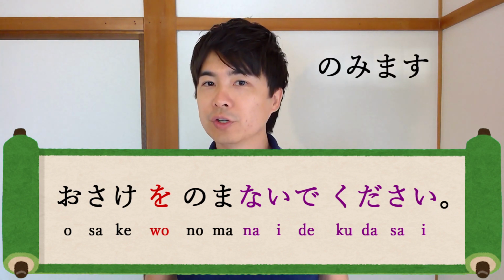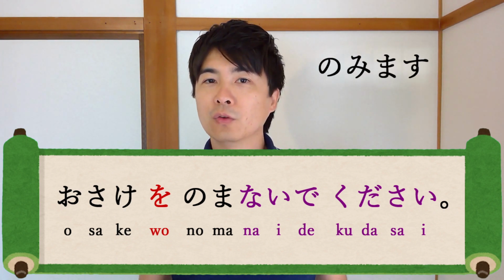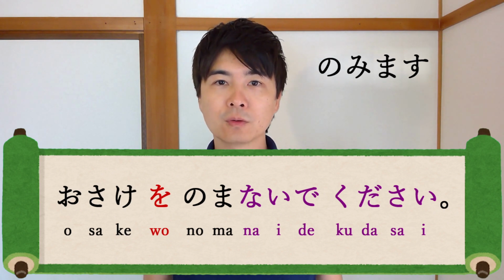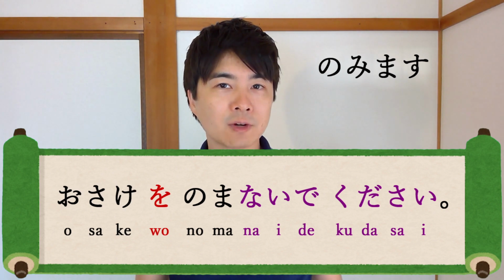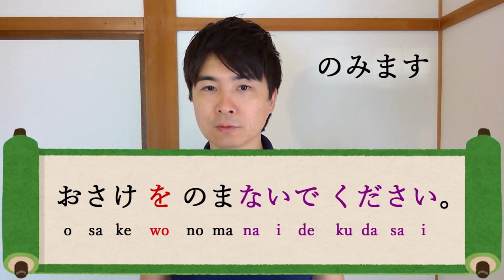お酒を飲みます means to drink alcohol. 飲みます is a Godan verb. So in order to make the verb into the nai form, the E sound right before ます needs to be conjugated into an A sound.